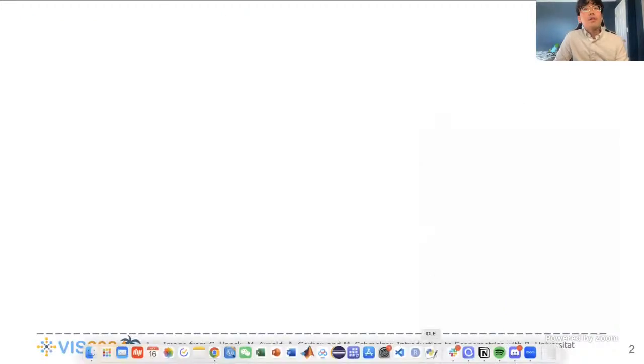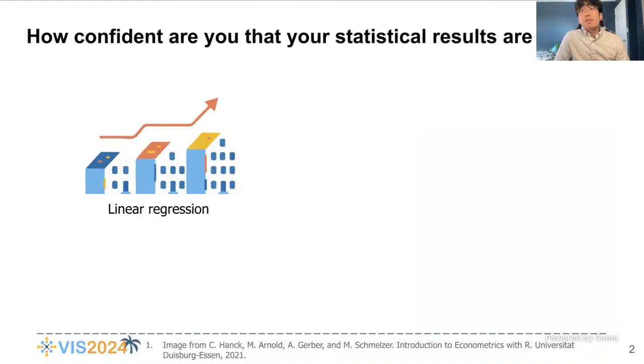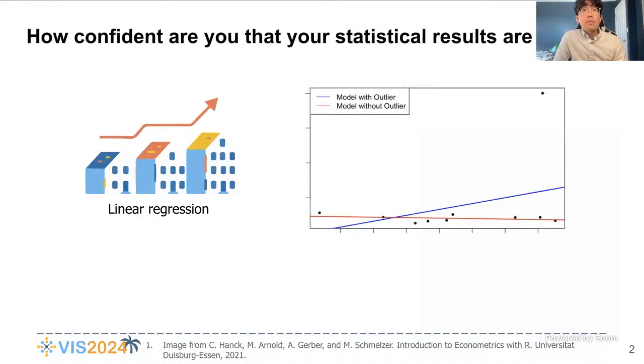Imagine we are running a linear regression to predict housing prices. We write the code, get the result, and think we have done all of the job. But here's the issue: how confident are we that our statistical results are valid? Maybe we didn't check for outliers like this. Maybe, unfortunately, there are a few extremely expensive houses lying beyond the overall trend, like the red line.